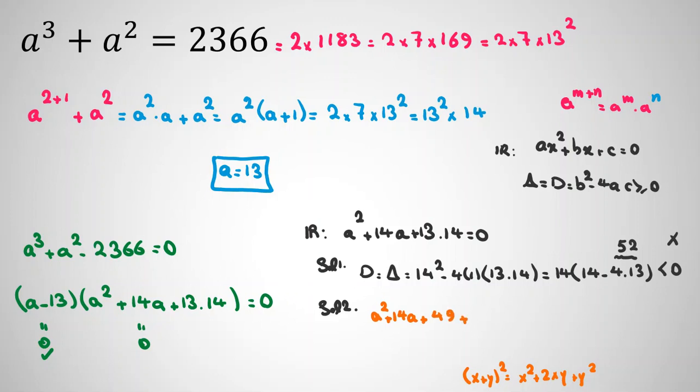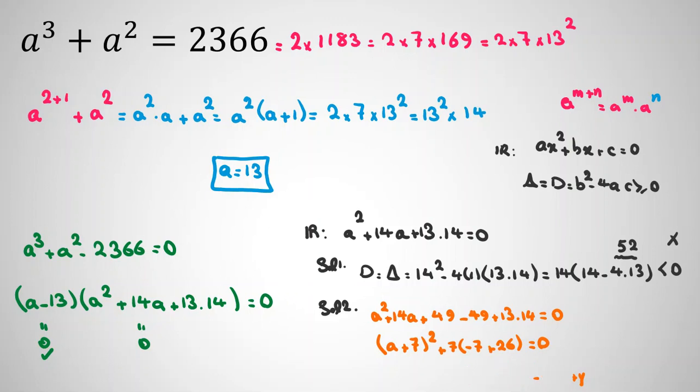We add 49 and then subtract 49, plus 13 times 14 equals 0. Now this part by the identity is (a plus 7) squared minus 49. Let's factor out 7: 7 times (13 times 2 minus 7), which is 7 times 19, equals 0.